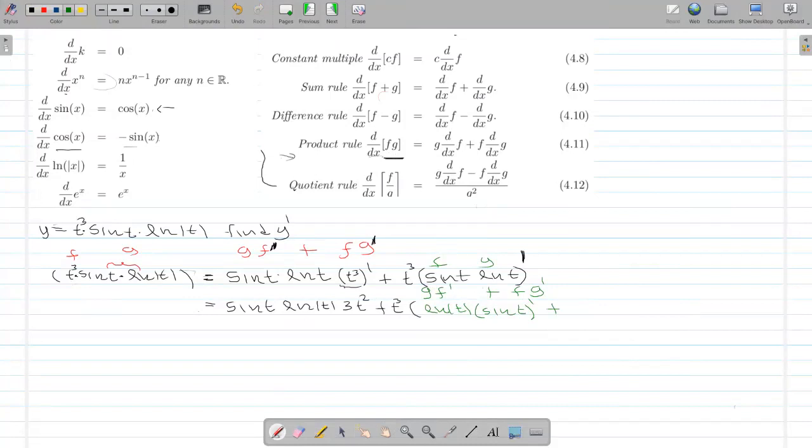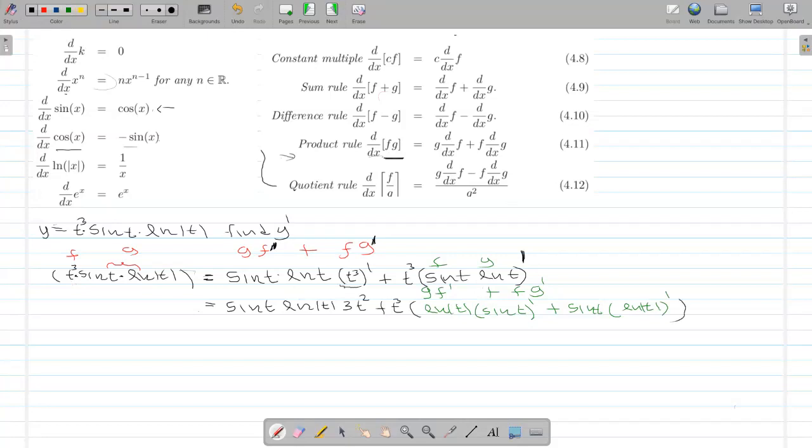You can skip some steps if you are familiar enough. Okay. Now f is sine t. Then derivative of g. G is ln t, no? Dash. Okay, and here I close.